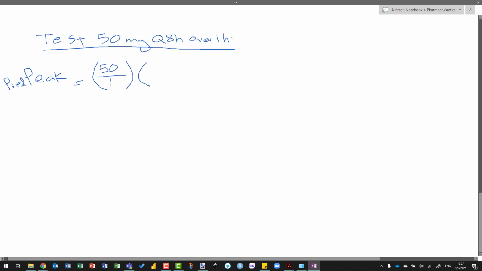You just type 50 here, and then you multiply by 1 minus e to the negative k times time of infusion. We already know k is 0.181.